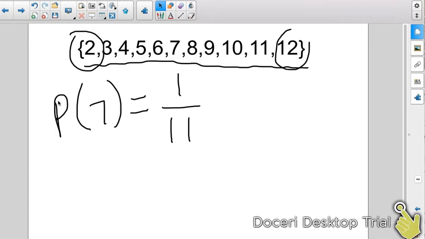A 2 and a 12 are very unlikely, whereas a 7 is very likely. In other words, the empirical probability formula doesn't apply when the sample space does not have equally likely outcomes. So this answer is incorrect. The correct answer is the one we got before, 1 out of 6.